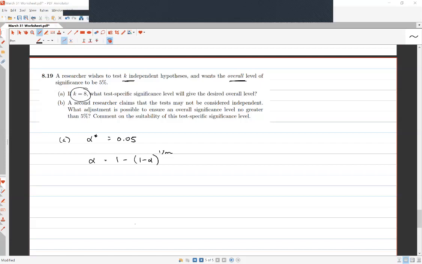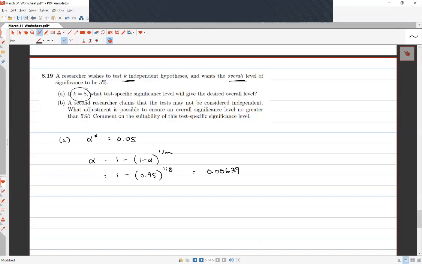And if we then sub in what we know, 1 minus alpha would be 0.95, and we want to raise that to the power 1 over 8. Again, if you just plug this into your calculator, I'm going to keep a few decimals here, and you'll see why in a minute.